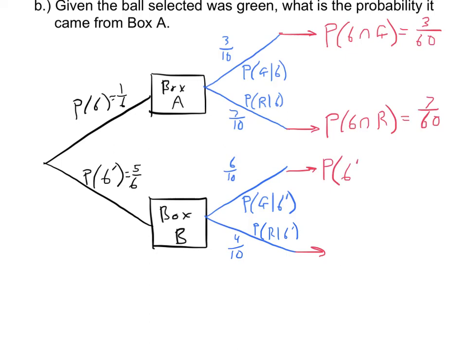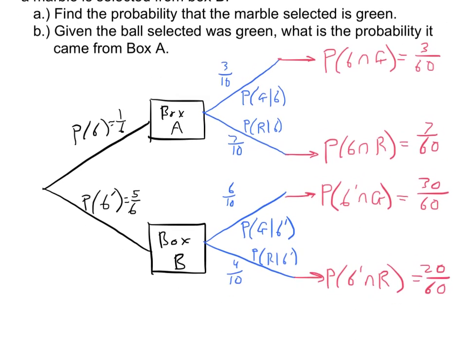This is the probability of not 6 and green, which is, let's see here, 30 over 60. And then finally here, you have the probability of not 6 and red. And again, just multiplying the 5/6 and the 4/10, this is going to give me 20/60.